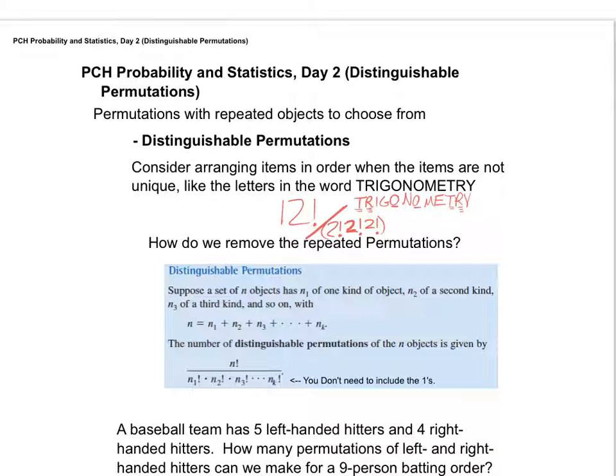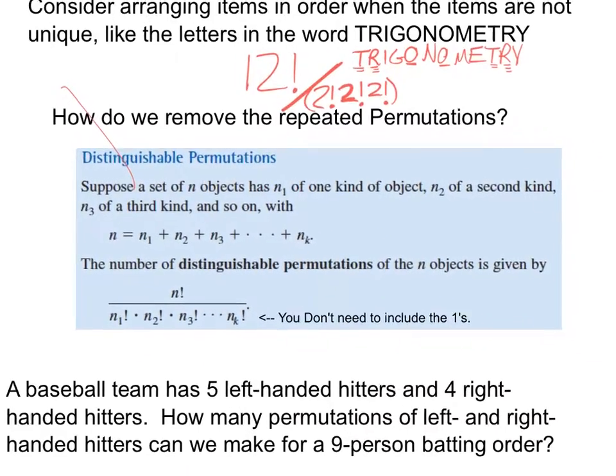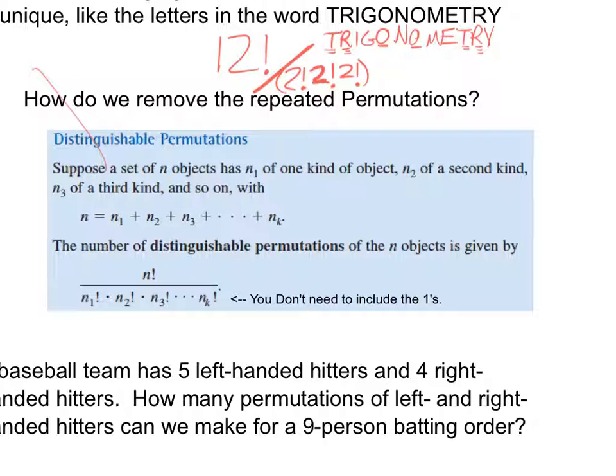Okay? So for example, to use that formula with this, we had 2 T's, we had 2 R's, we had two O's, and then we had an I, a G, an N, we had one M, one E, and one Y.